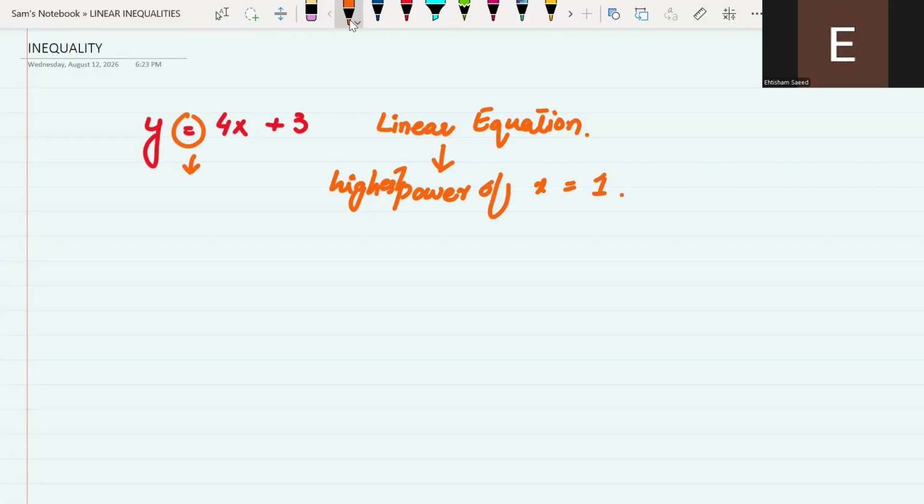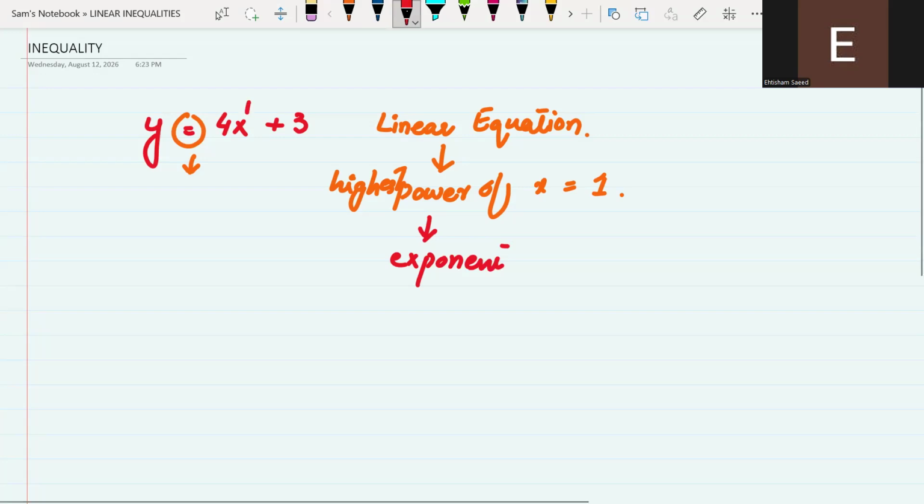That's why we call this equation a linear equation. Another name of power is exponent, right? So the exponent of x is 1. So when we start solving this, we call it a linear equation.